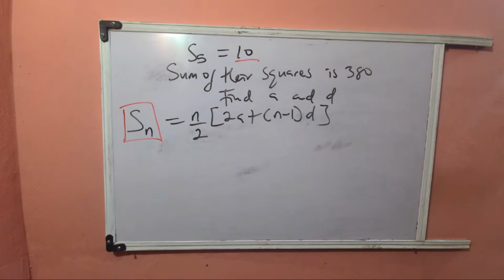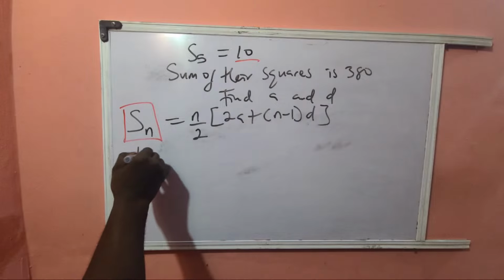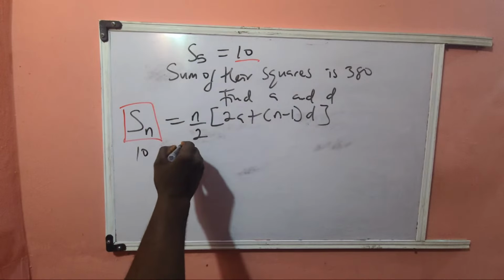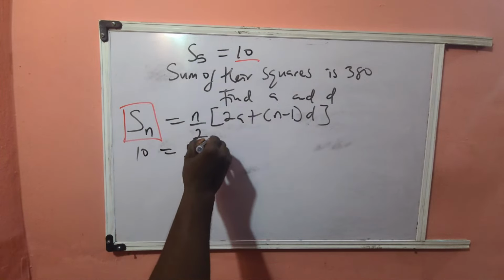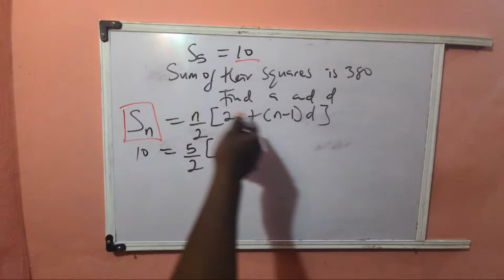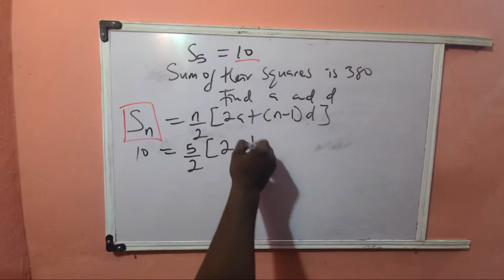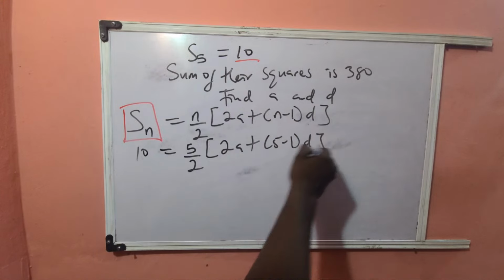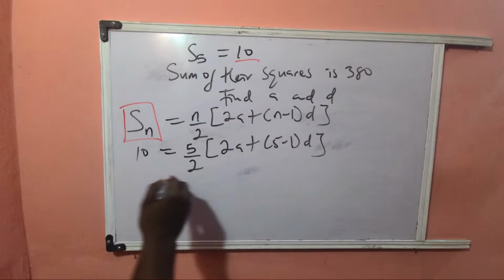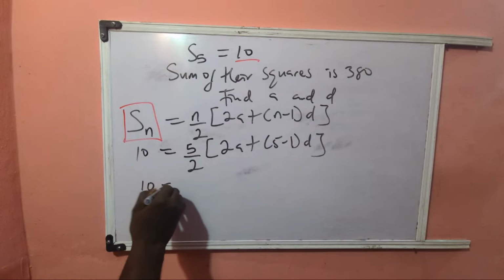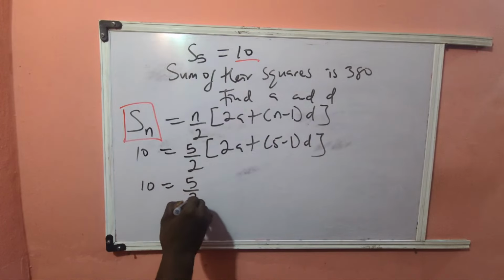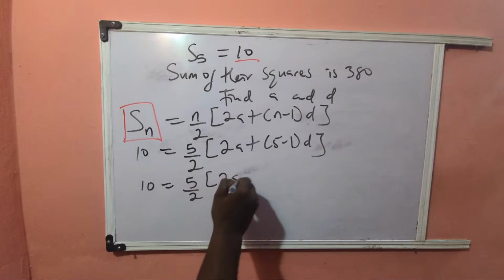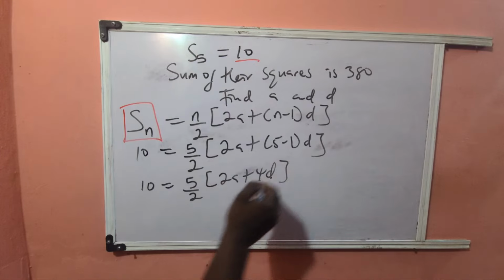I can go on to write 10 equals 5 over 2 times (2a plus (5 minus 1)d). We don't know a, we don't know d, but we know the number of terms is 5. So solving this, we have 10 equals 5 over 2 times (2a plus 4d).